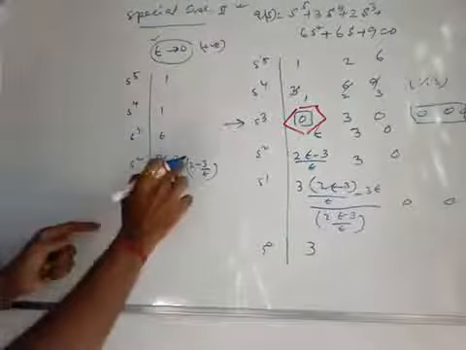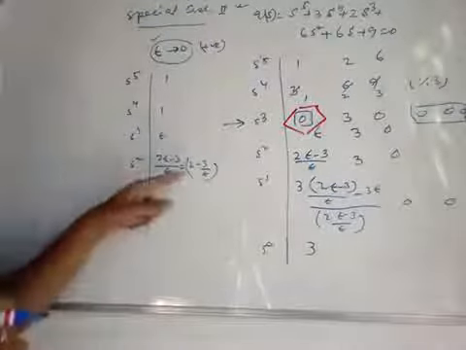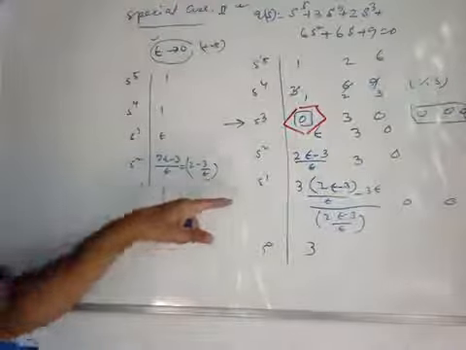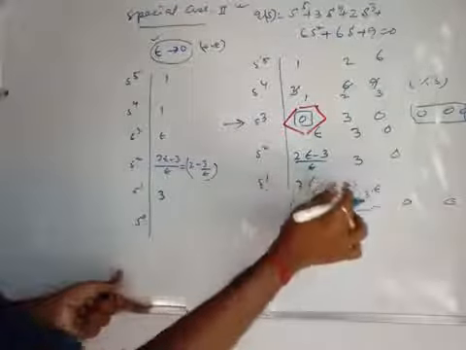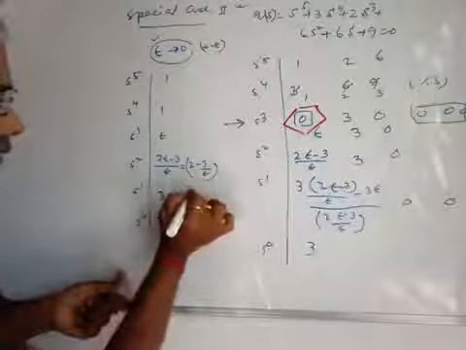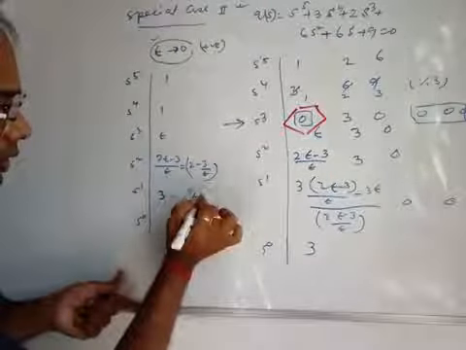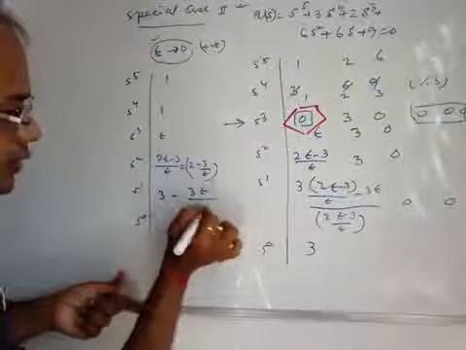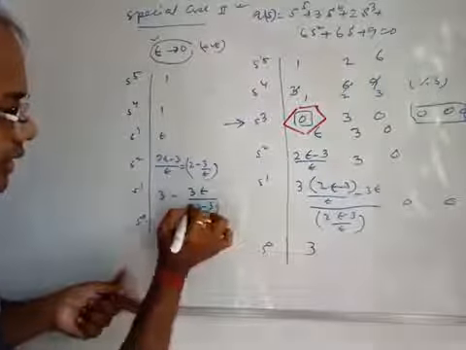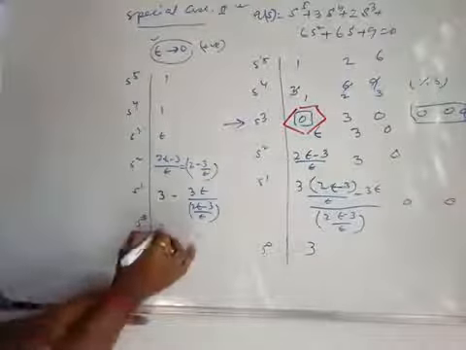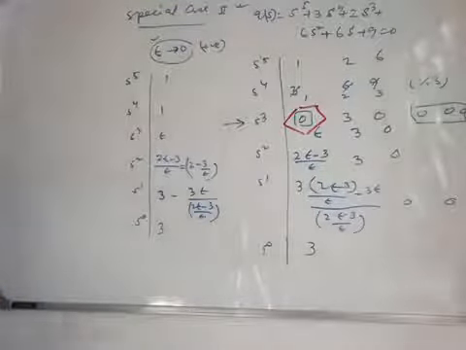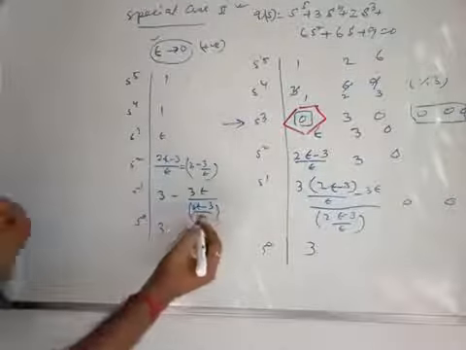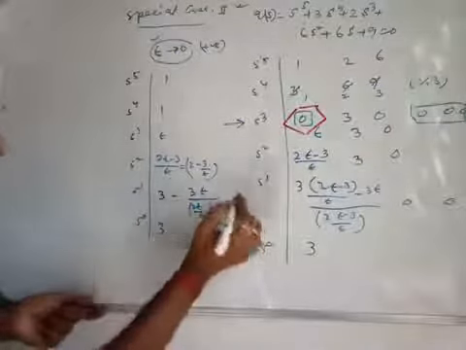2 epsilon by epsilon means 2 minus 3 by epsilon, so 2 minus 3 by epsilon, and this will be equal to 3 minus 3 epsilon by 2 epsilon minus 3 by epsilon. This is the quantity you are actually getting. So basically you can write it as a simplification.